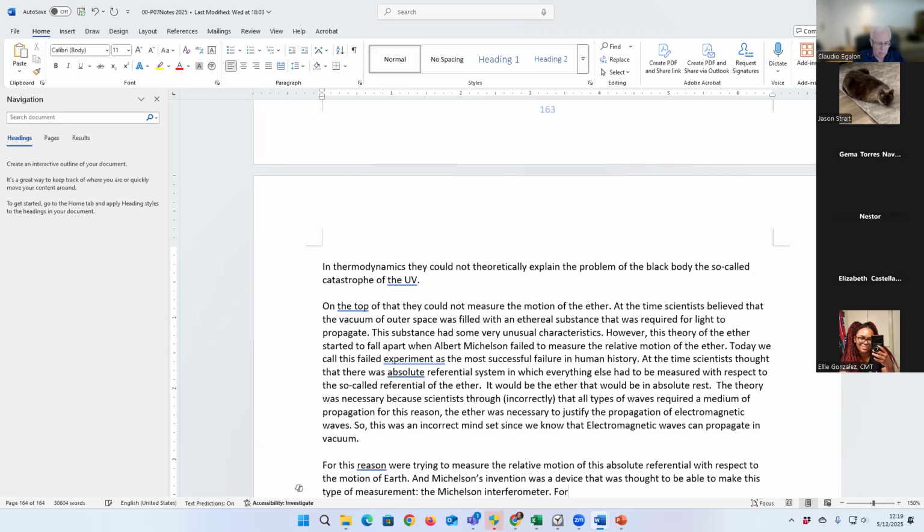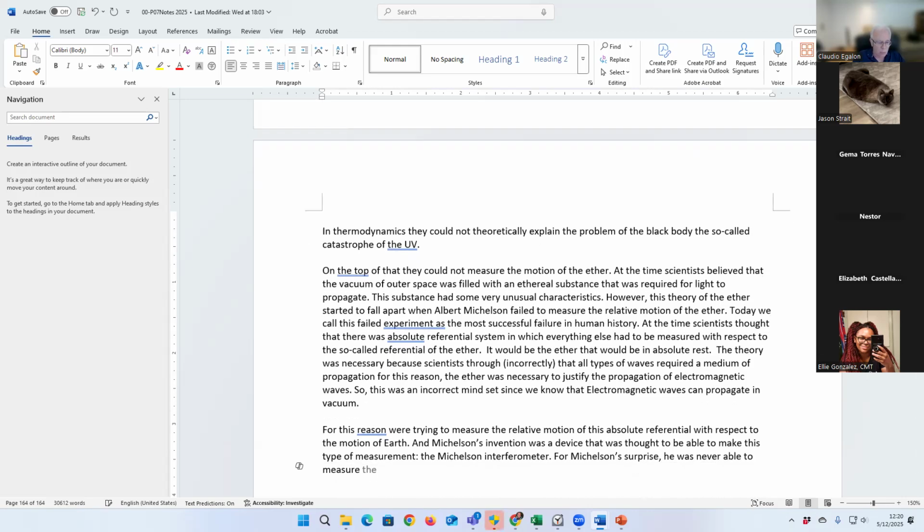You know, for Michelson's surprise, he was never able to measure the relative motion of the ether with respect to Earth.